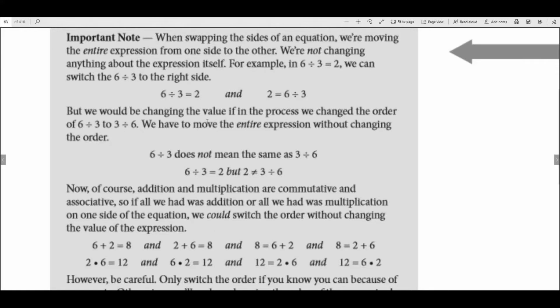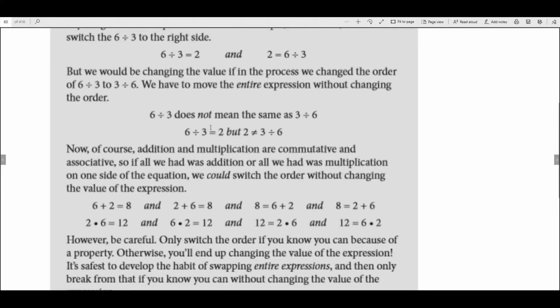But we would be changing the value if in the process we changed the order of 6 divided by 3 to 3 divided by 6. We have to move the entire expression without changing the order. 6 divided by 3 does not mean the same as 3 divided by 6. 6 divided by 3 equals 2, but 2 does not equal 3 divided by 6.